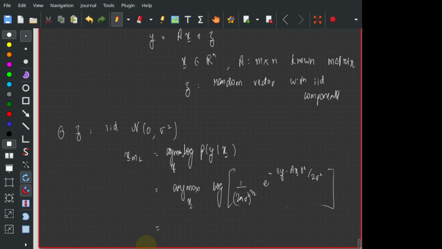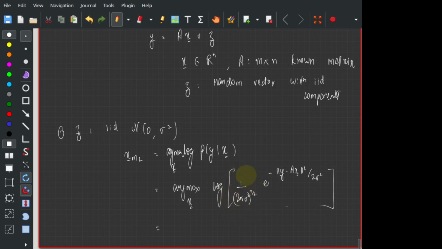Does this reduce to a problem that you've seen before? More specifically, can you tell me what least squares problem this reduces to? All of these are constants which don't really depend on x.